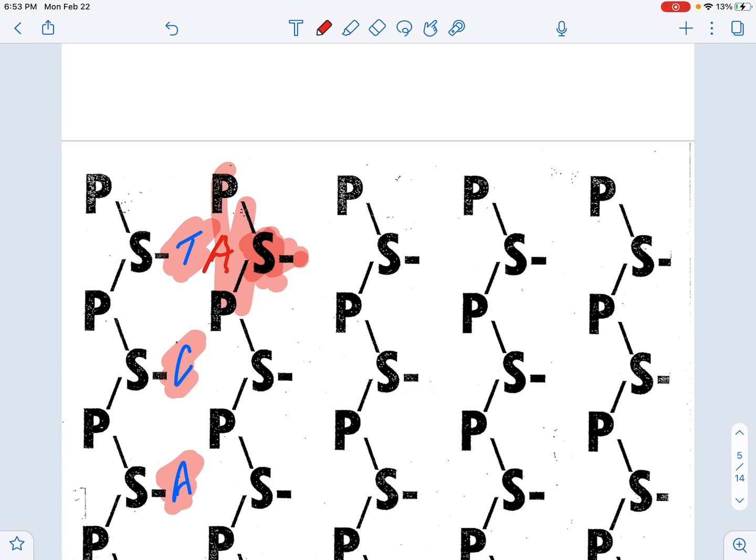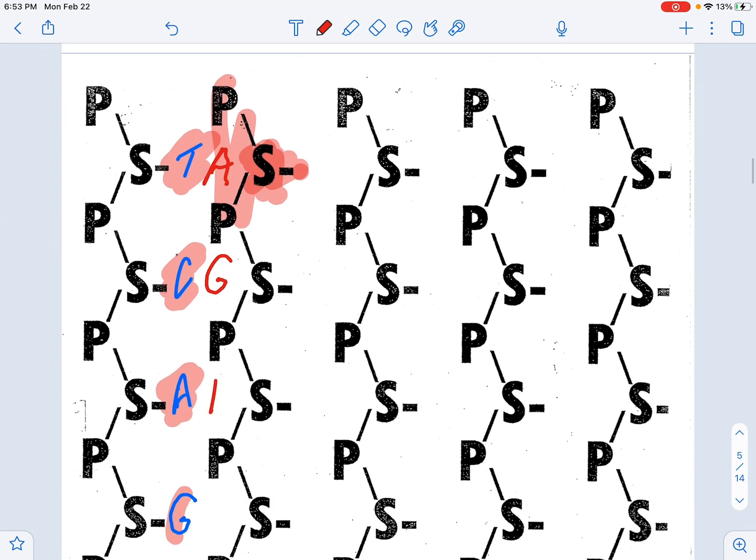Then pairing with this cytosine would be a guanine. I would glue them together one by one as you go through this. And then thymine, and you just keep going right on down.